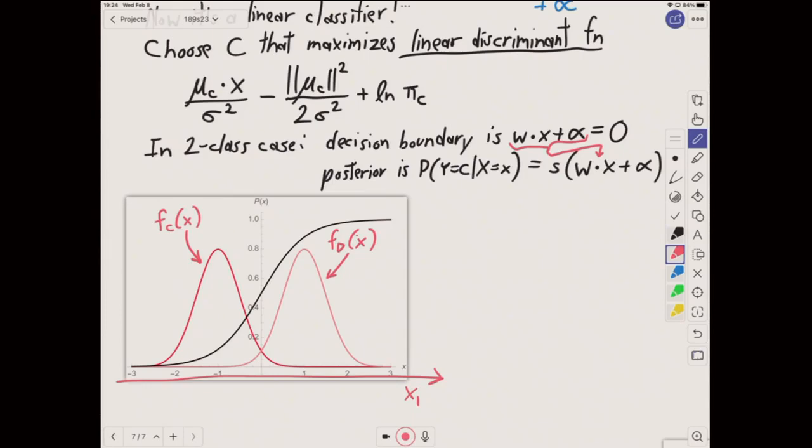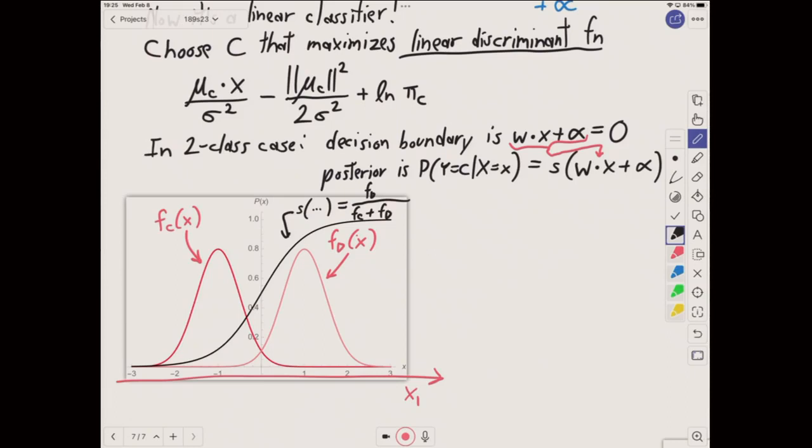And this is the logistic function, S of the decision function, which is equal to, in this case, logistic for FD. I guess I should have labeled them the other way, but too late now. FD over FC plus FD. That's what the black curve is.